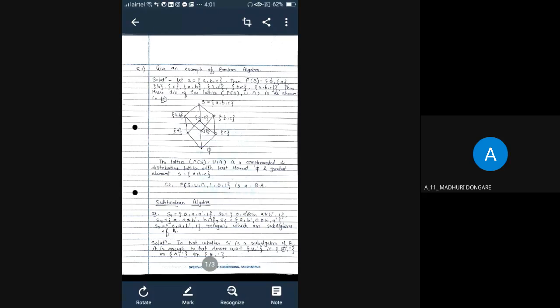Set S contains 3 elements, so its power set will contain 2 raised to 3, that is 8 elements, and we have defined those 8 elements here.